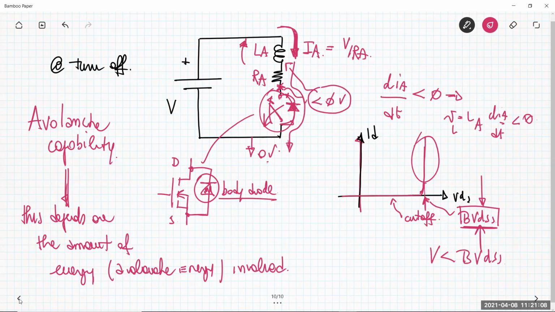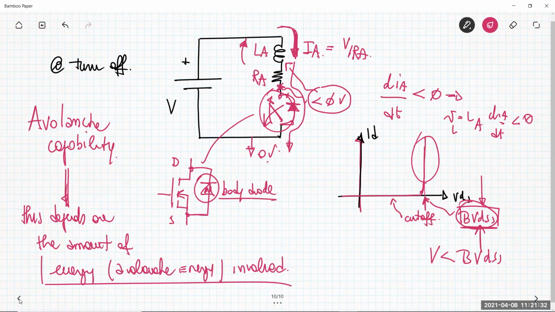In that situation, if you don't have a MOSFET with avalanche capability, the MOSFET blows up. But if you are able to maintain the energy involved in the operation exactly at the breakdown voltage low, the situation can be reversed, so it does not lead to permanent failures. When you decrease the voltage, the MOSFET operates as intended.